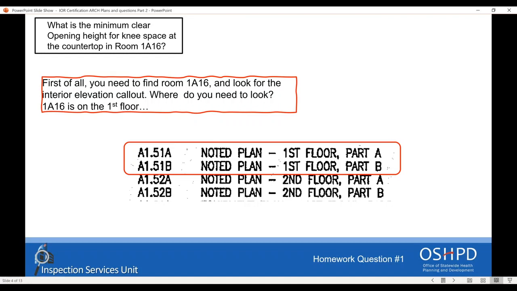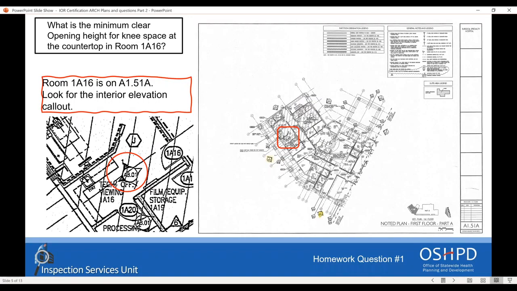Same process. First, you need to look into the master drawing index for the noted plan for which floor. The number of the room is 1A16, which means it's the first floor. And by now, if you started to look at the PDF of the drawings, you see that there are 2 parts, Part A and Part B. So for the noted plan, the options will be Part A or Part B. And the drawing for room 1A16 is A1.51A.